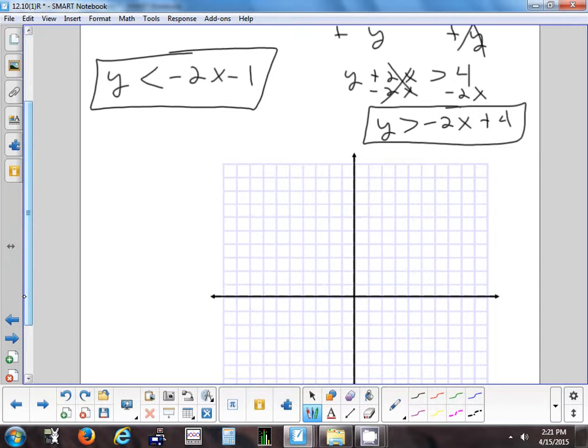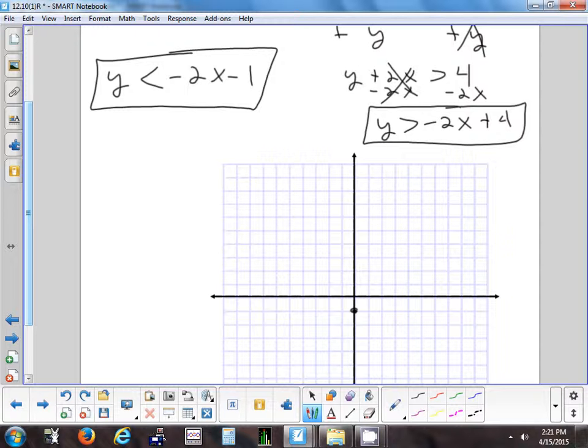Okay. Start with your first one. Okay, Isaiah, what's my y-intercept? Negative 1. Okay. Slope. How do we go from that point to get to the next point? Which way do I go?